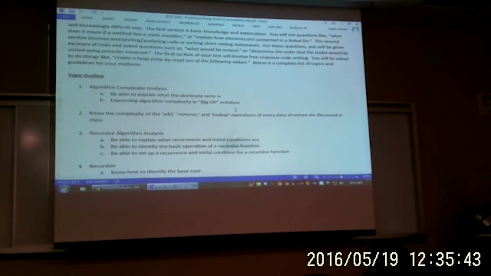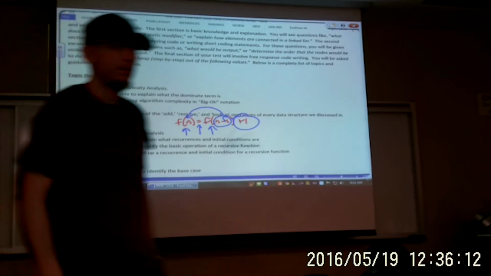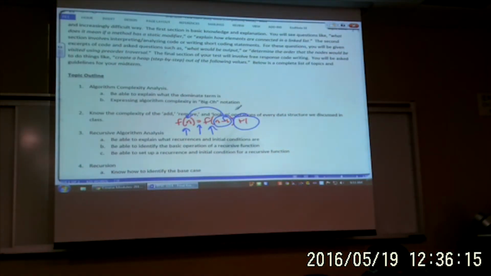That would be an example of a recurrence, where we are defining a function in terms of itself at another point. Notice the input size is different than it is here, and in order to make those two equal, we have to add on values. So this is an example of a recurrence. An initial condition is similar, but instead of defining in terms of itself, we give a specific input value. Okay?